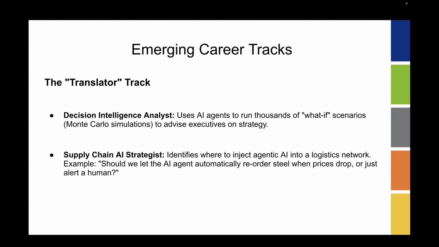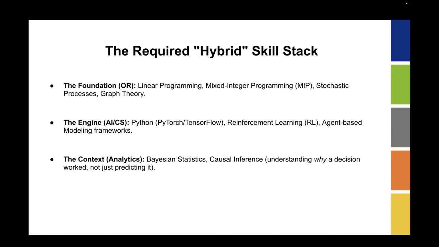For example, should we let the AI agent automatically reorder steel when prices drop, or just alert a human? So it is about where to place these agentic AI agents versus human intervention. Of course, this is not a comprehensive list, but these are some of the promising roles and tracks in this emerging field.